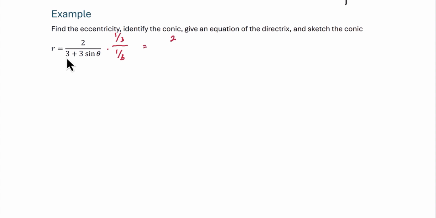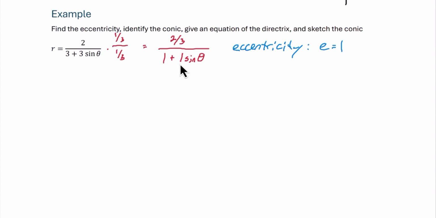We have 2/3 divided by 1 plus 1 sine theta. From here we can see that the number out in front of sine is 1. That's our eccentricity. e is 1.